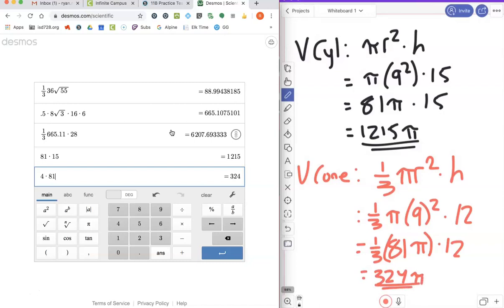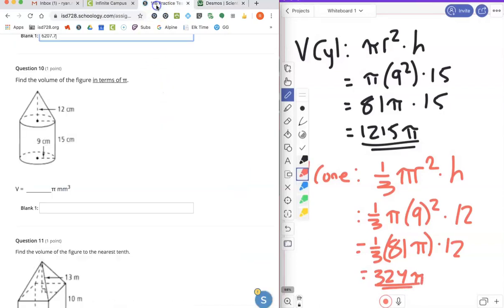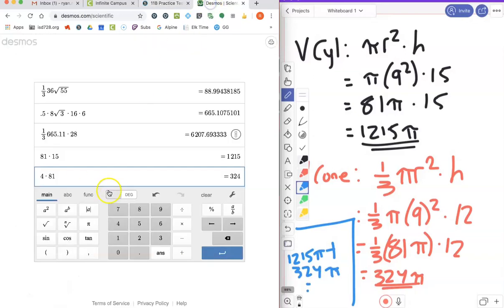Okay, so then we're ready to get our answer. We need to combine those two things. So I'll do my answer kind of over here. So our answer is 1,215 pi plus 324 pi. And that'll be what our final answer will be. So let's do our 324 plus 1,215.